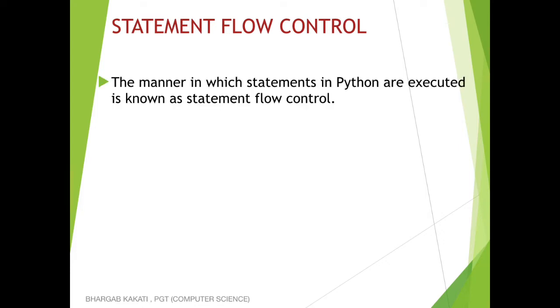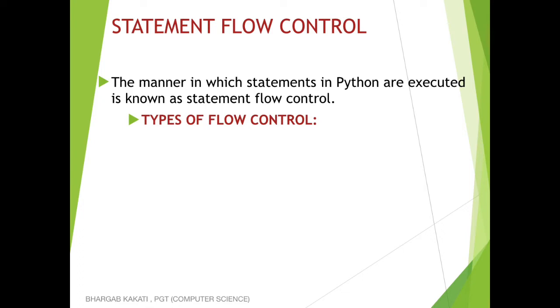Now let's go to the statement flow control. Statement flow control means the manner in which the statements in Python are executed. So the manner in which statements in Python are executed is known as statement flow control.